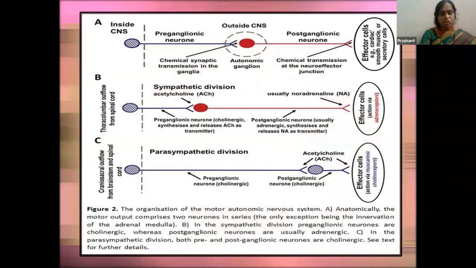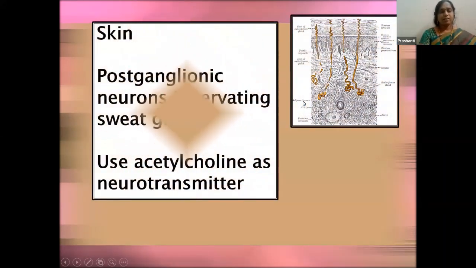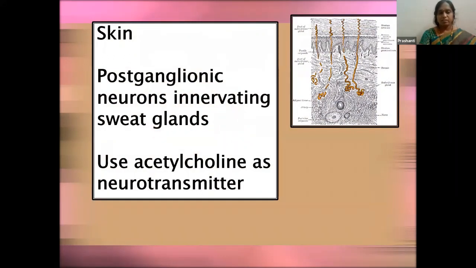You see in this picture, children, the preganglionic nerve fiber releases acetylcholine, and the postganglionic nerve fiber will be releasing noradrenaline. We have learned, children, that the preganglionic releases acetylcholine, and the postganglionic will be releasing noradrenaline.